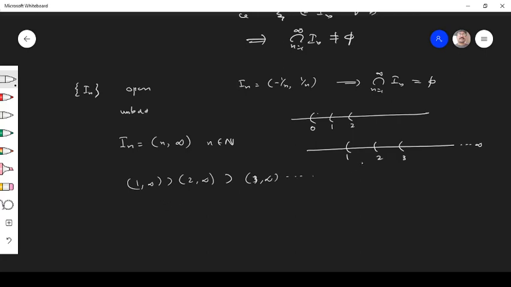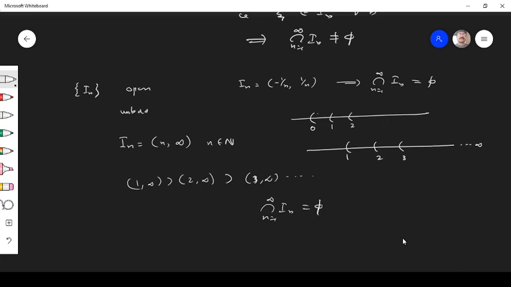So it is a nested sequence of unbounded intervals. If you take left closed, then also it is unbounded intervals. You can see that there is no common point which belongs to every In, because when n becomes larger and larger, it moves towards infinity, and infinity is not a real number. So it is very clear that the intersection of In for n equal to 1 to infinity is empty in this case.